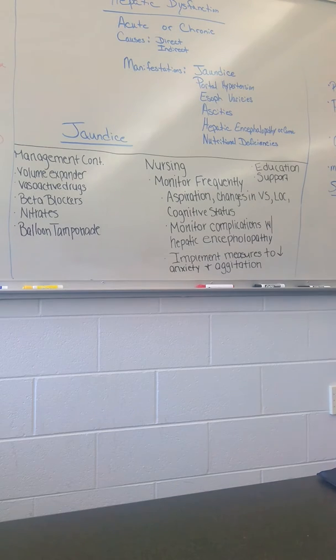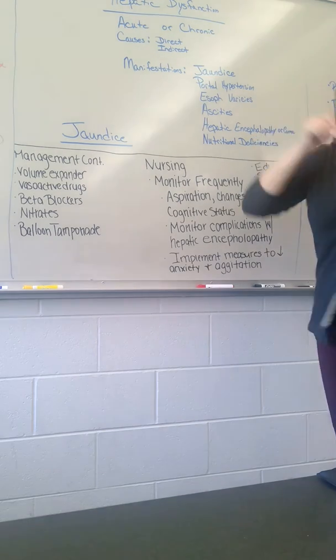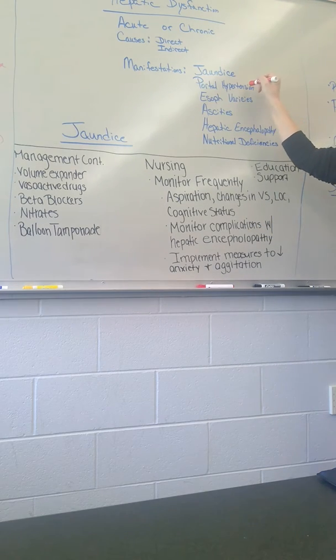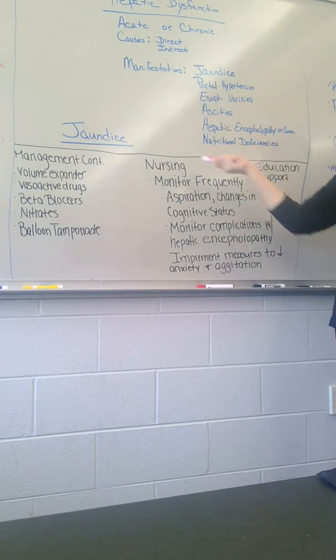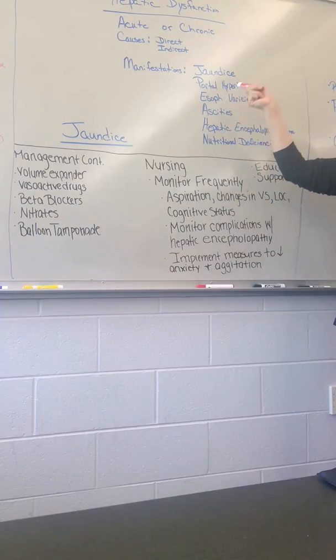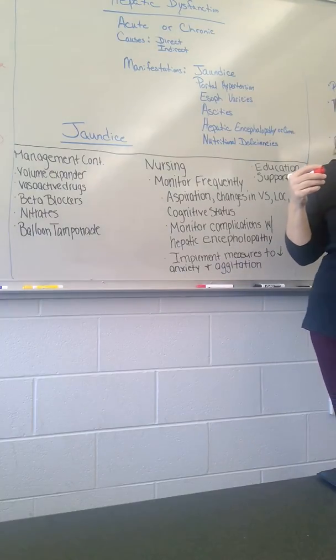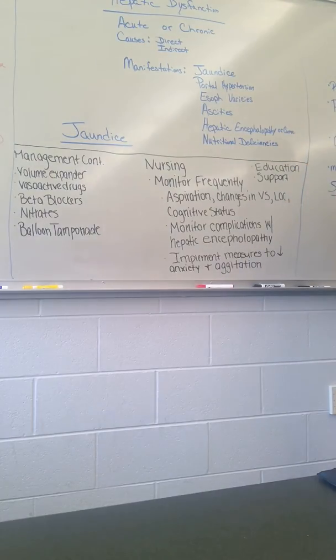The manifestations that we see: jaundice is not a disease process. Jaundice is the result of something, a disruption within that hepatobiliary system. Portal hypertension is the result of the liver not functioning the way that it should, and you get congestion and backup into that portal area, which is within the liver.